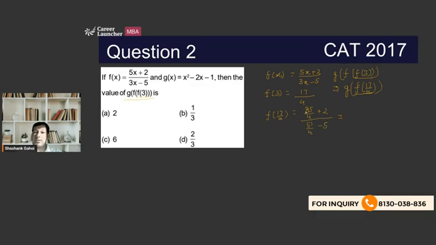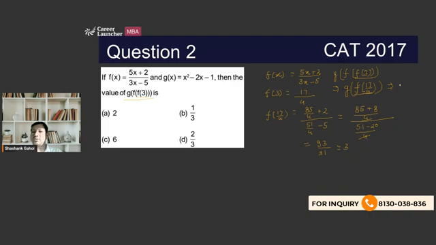This is a little lengthier, but don't worry about it. Take the LCM: (85 + 8 + 51 − 20) upon 4. The 4 cancels out, so the numerator becomes 93 and the denominator becomes 31. So this value comes out to be 3. Now I got the value of f of 17 by 4 as 3.